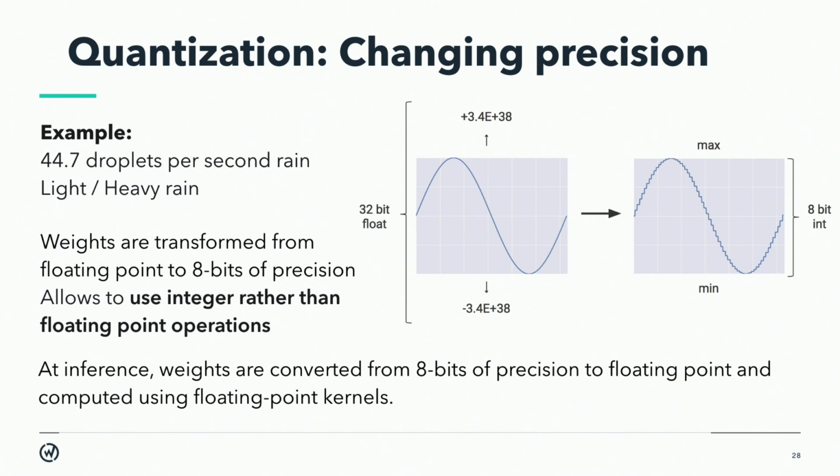A good example that explains it well is when you're checking the forecast, how detailed and granular do you want that information to be? Do you need the exact number of droplets per second if you know it's going to rain? Do you really need that level of precision when you're making your plans to go outside? Or you just want to know, is it going to be light rain or heavy rain? So there's a difference, right?